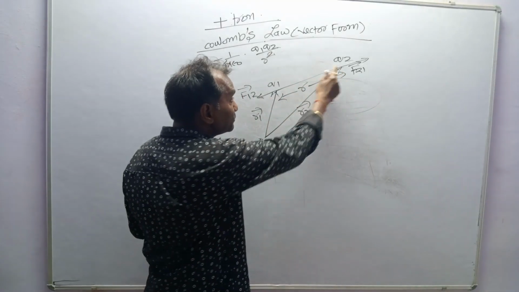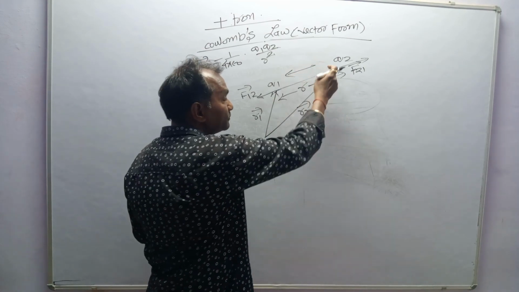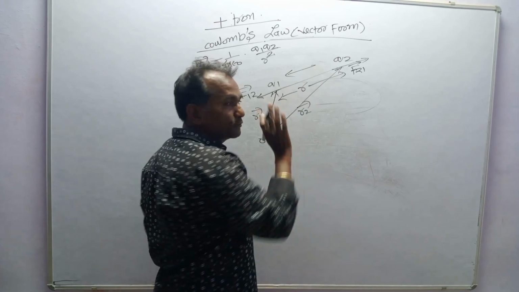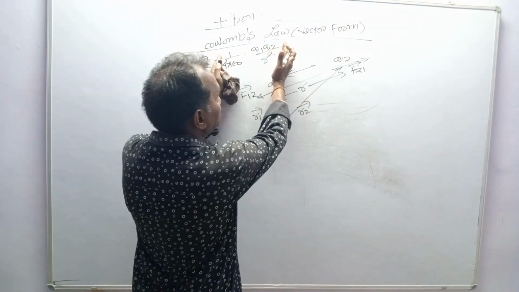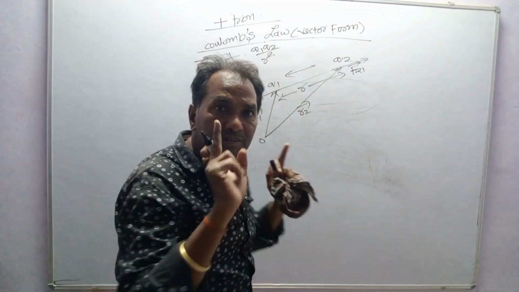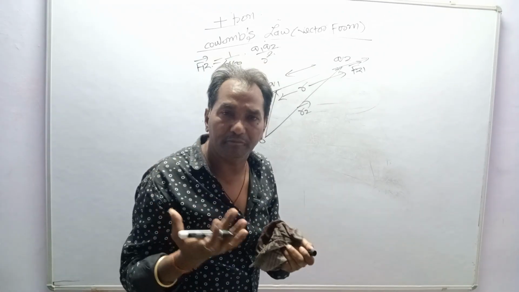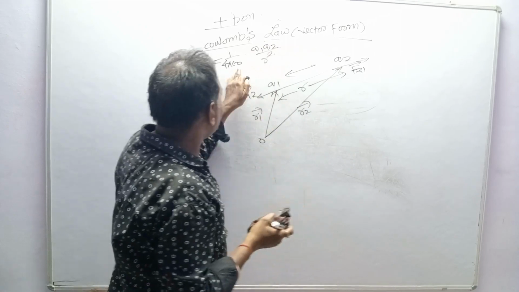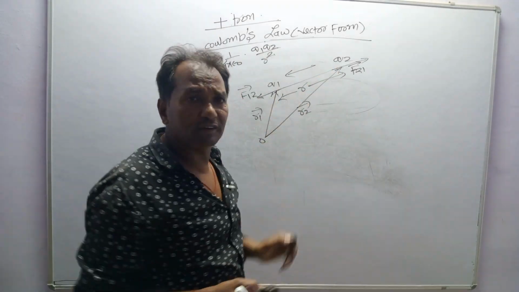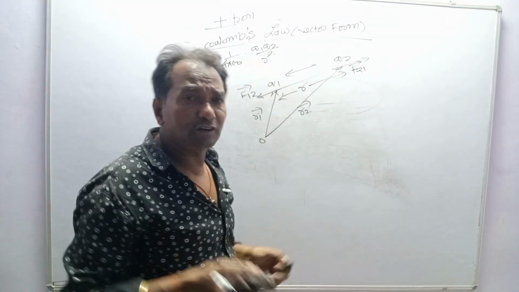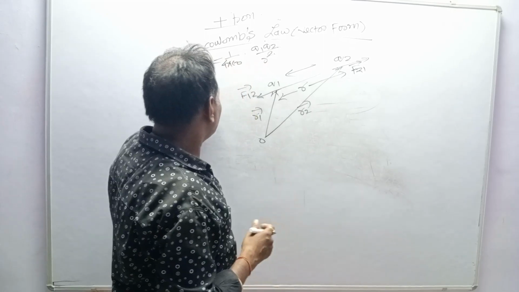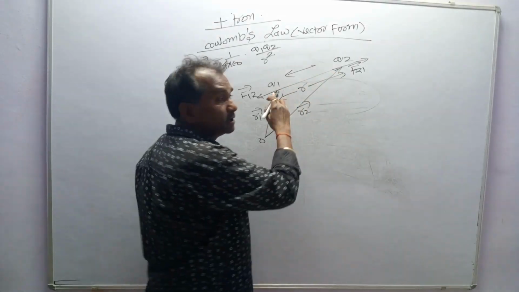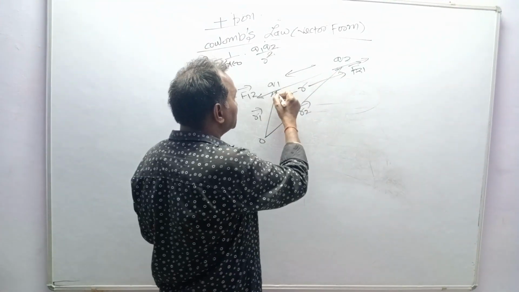F12 means acting from 2 to 1, that is from Q2 to Q1. This very quantity represents the magnitude of the force, and a vector has magnitude as well as direction. Because force is a vector quantity, you have to show the direction, and direction can be shown by a unit vector.